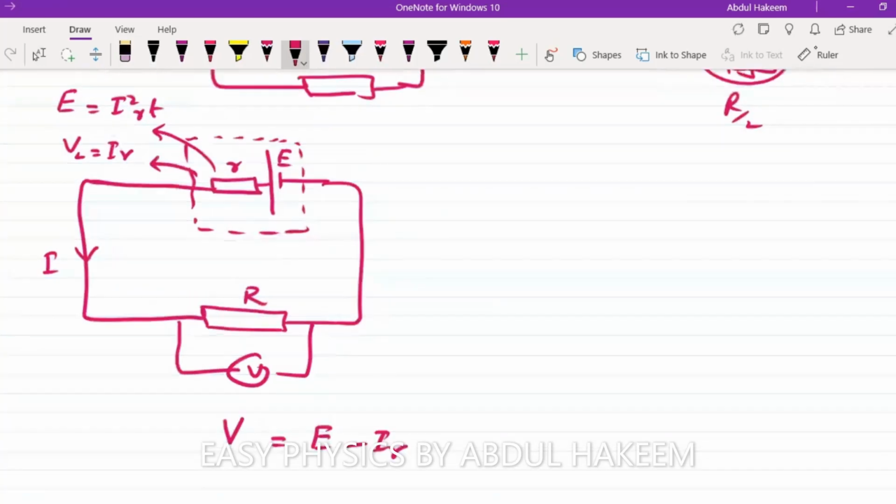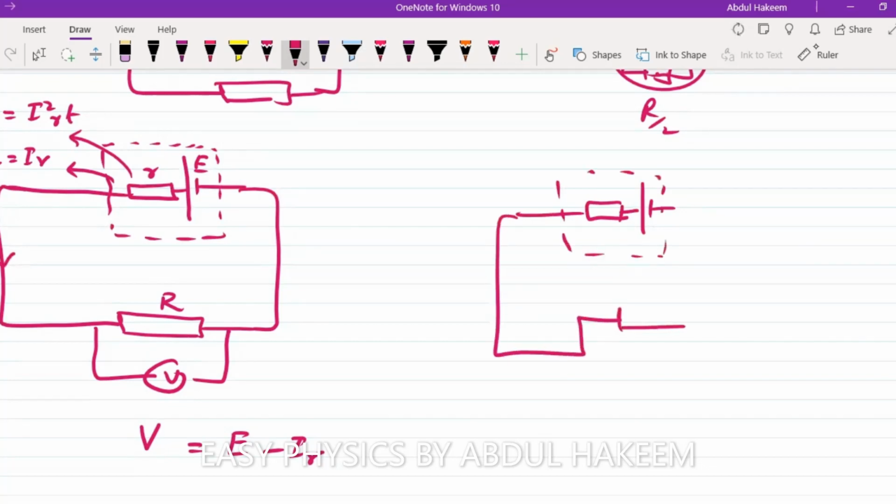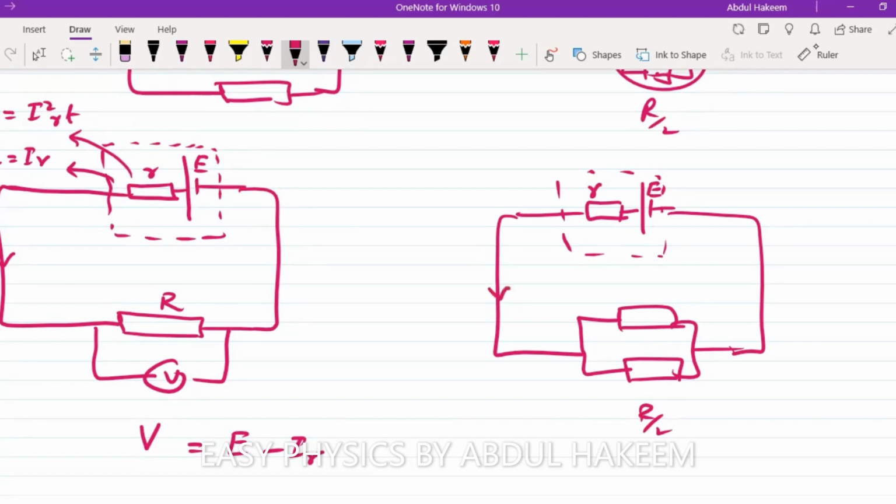Now, when the same cell, with the same internal resistance, is connected with two parallel resistors, each resistance R, EMF E, the resistance becomes half. So the current becomes double the previous.